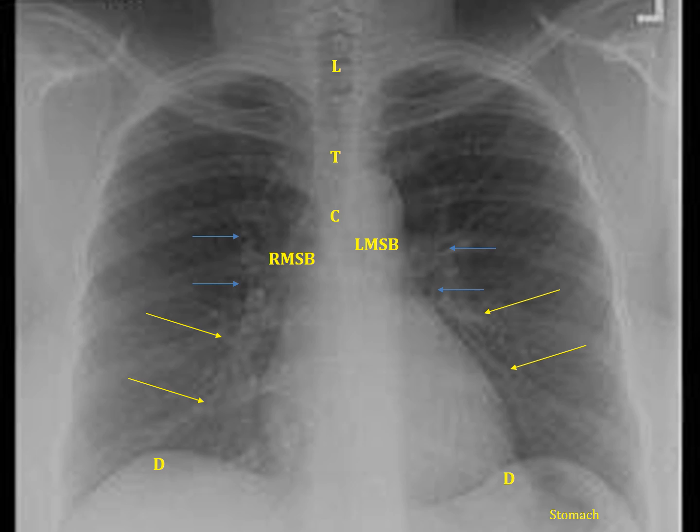On a chest x-ray then, you can see the larynx, the trachea, and the carina. You can see where the takeoff of the right and the left mainstem bronchus would be. You can see the diaphragm shadows, the stomach bubble underneath the left side of the diaphragm. Yellow lines showing you pulmonary vasculature.